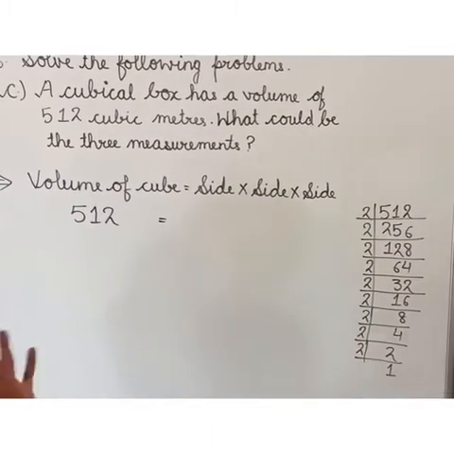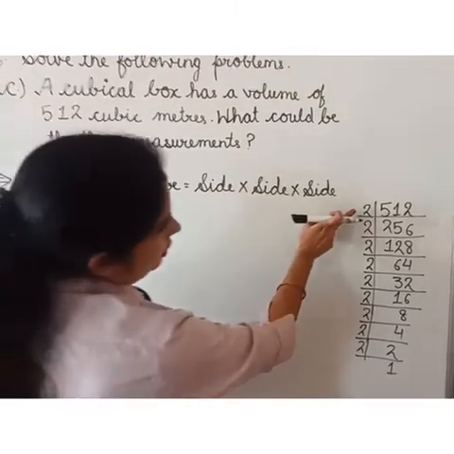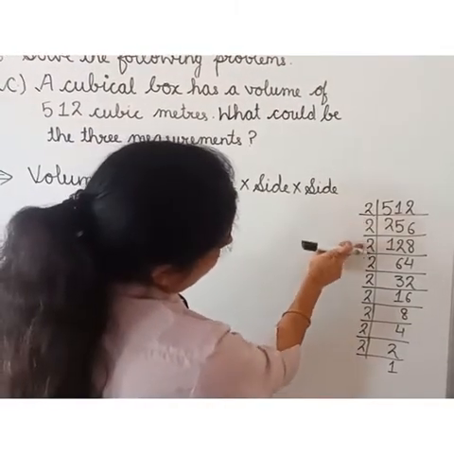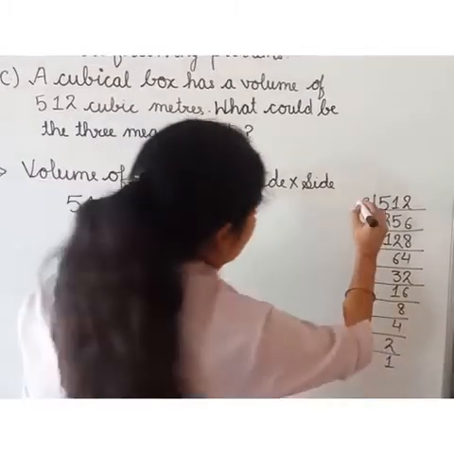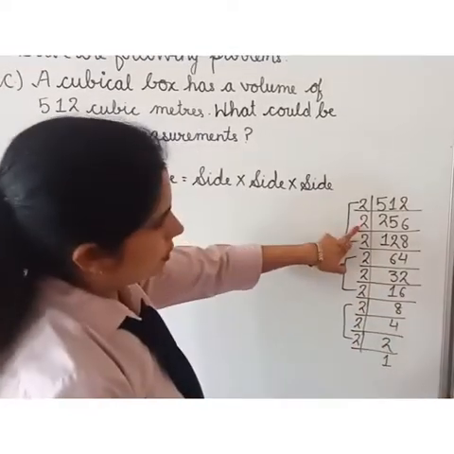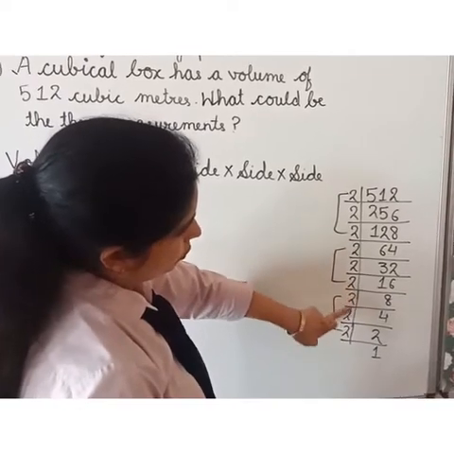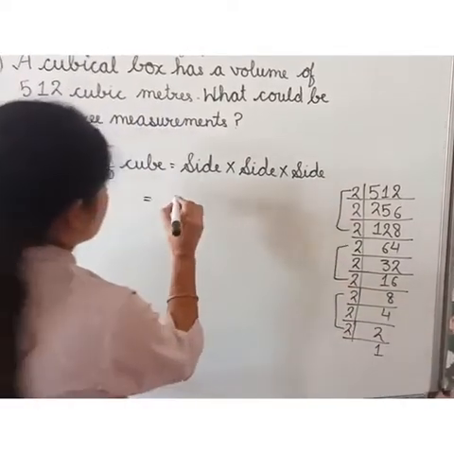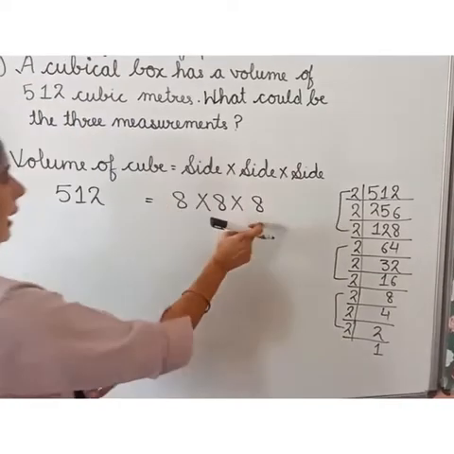Now we will make the pairs of equal factors. 2 is 9 times. So we can make pairs like this. 2 2s are 4, 2 4s are 8. 2 2s are 4, 2 4s are 8. 2 2s are 4, 2 4s are 8. So you can say 8 multiply 8.